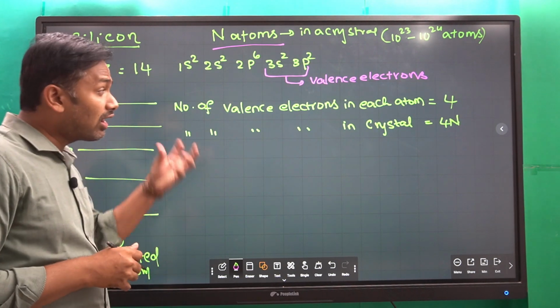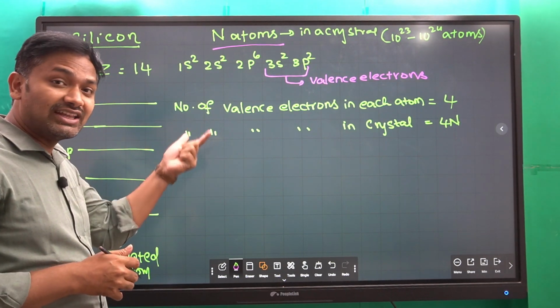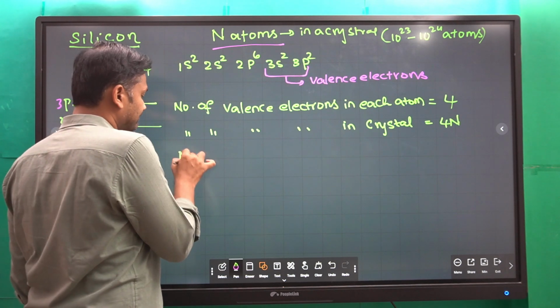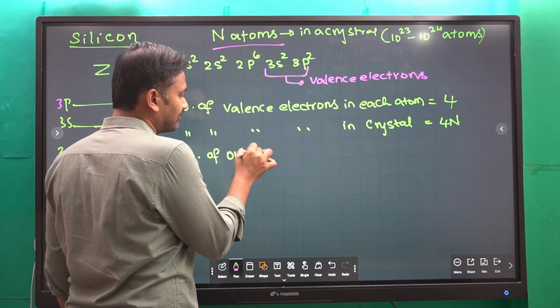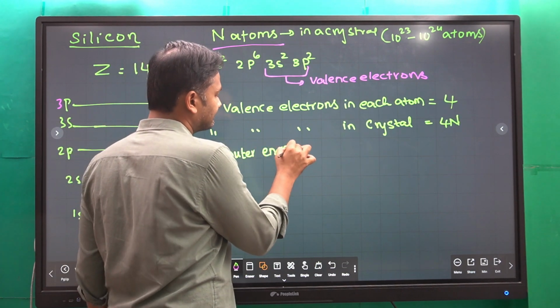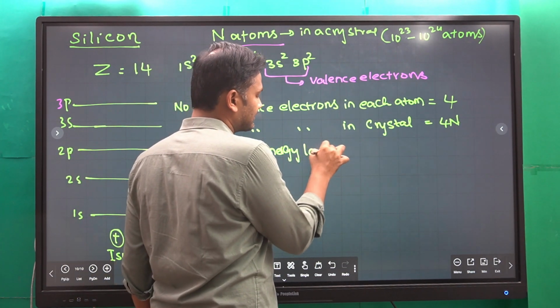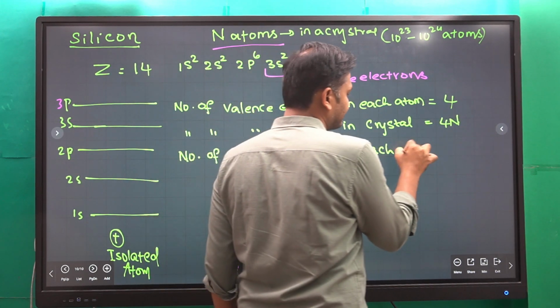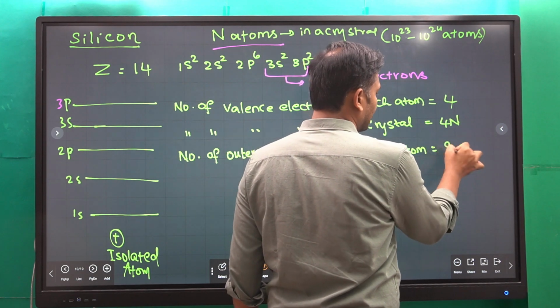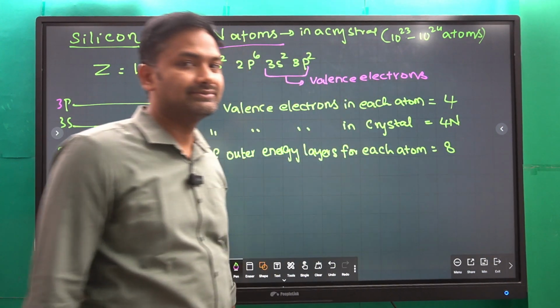Okay, right. Next, the number of outer energy layers for each atom, how many will be there? That will be 8.